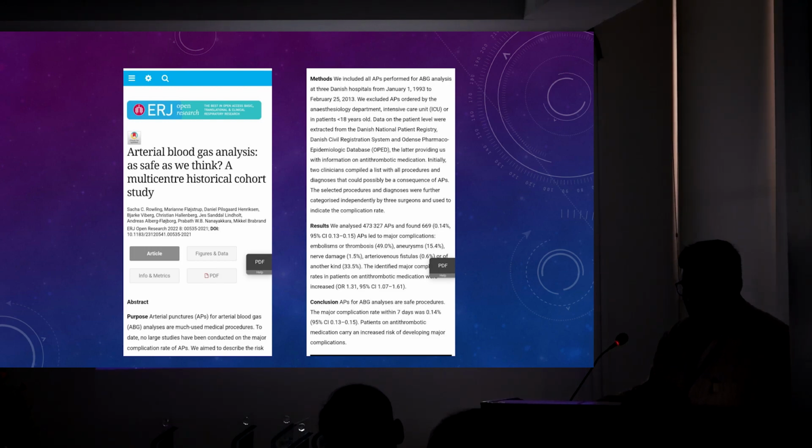In this study they have shown only 669 complications, both major and minor, in 47,327 patients. This is a study from Denmark, and that fairly gives us confidence to do it routinely. If we follow the basics, I don't think that there will be many complications. Thank you.